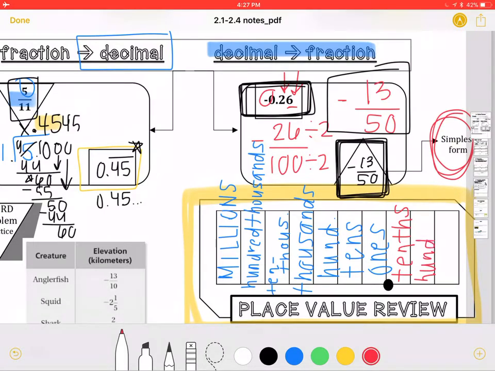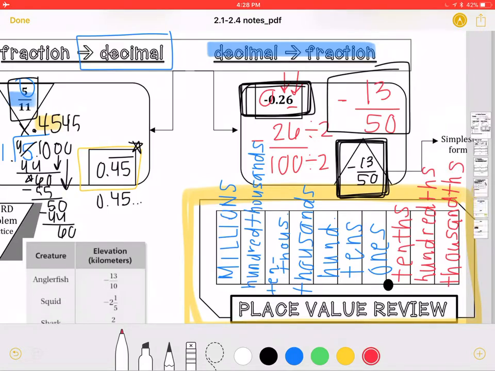It has those TH at the end, meaning it's smaller. The further to the right you go after a decimal, the smaller it gets. We have our tenths, hundredths, and then our thousandths. And again, it could keep going, but those are just the important ones that I want you to know and remember. Make sure you have those THs at the end. It makes a difference.